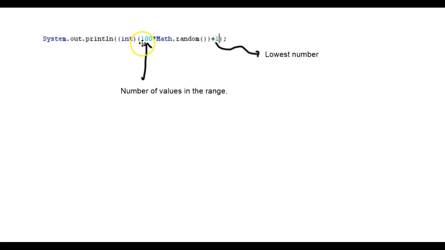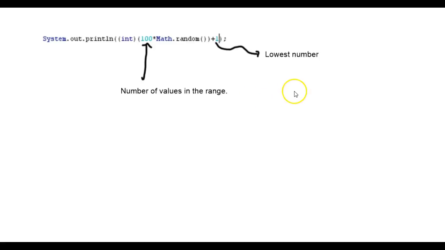So if you wanted to get a value between 0 and 100, you have to include 0 in the range. That means you have 1 through 100 plus 0. That's 101 different values in the range.